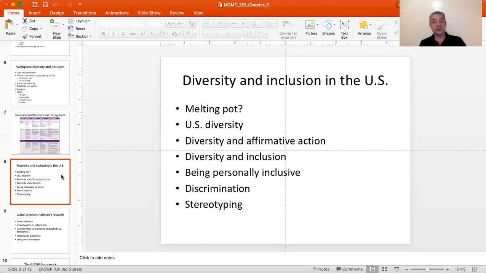But it's not just government action, such as affirmative action, that changes the face of the workforce. There's also this notion of inclusion, where rather than just being compliant with what the government says, many companies actually consciously try to be inclusive. They consciously welcome diversity.